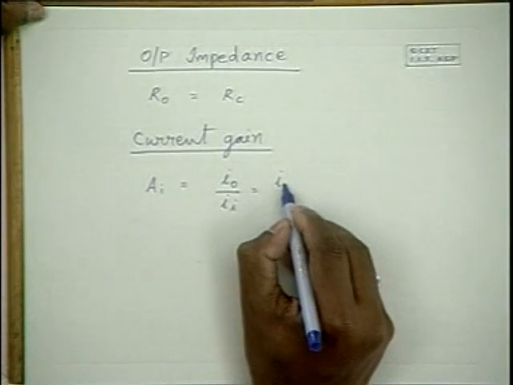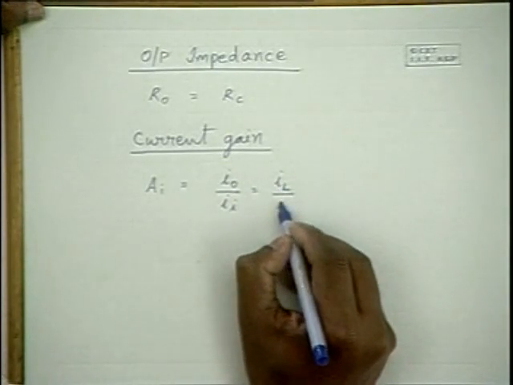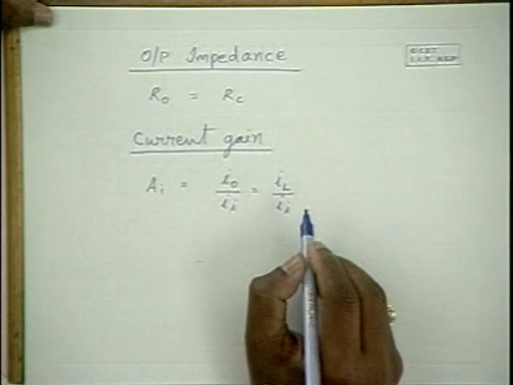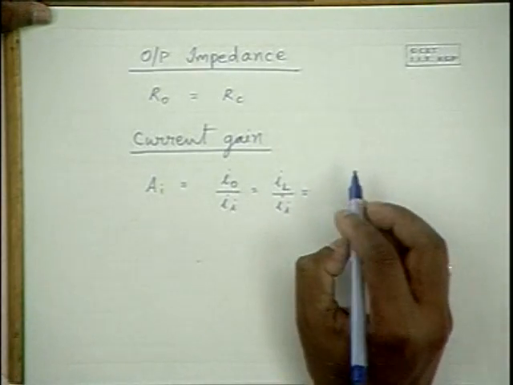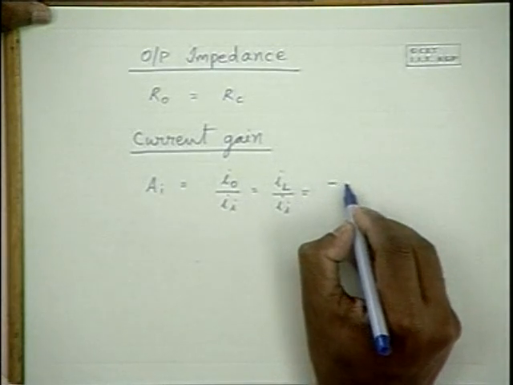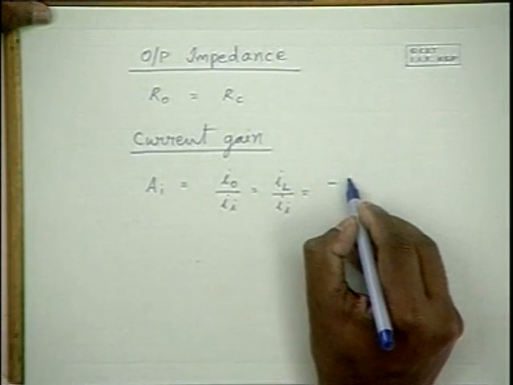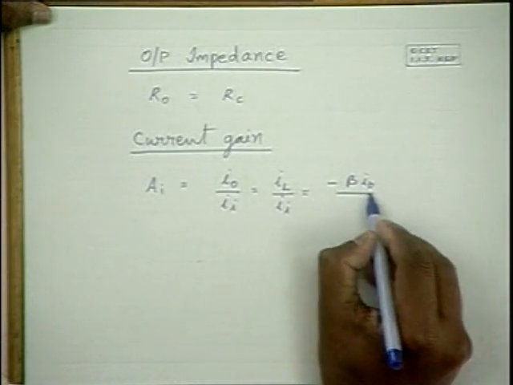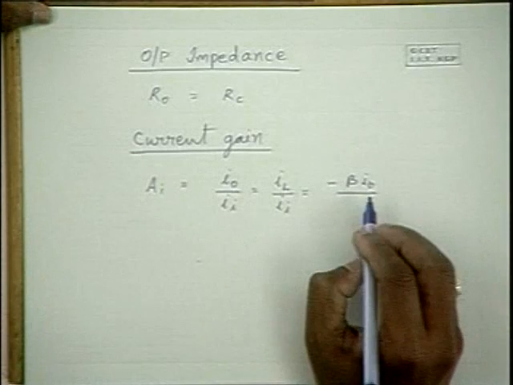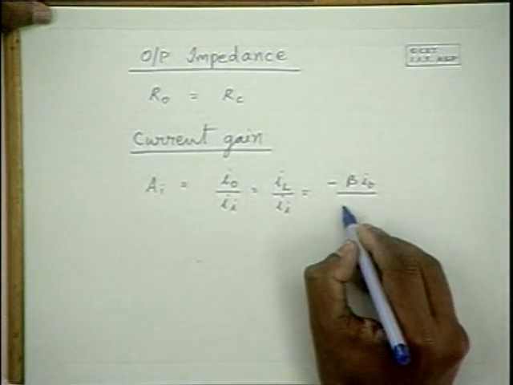If I express it as the load, IL divided by II is the current gain, and IL is minus IC, that is minus beta IB, divided by II.